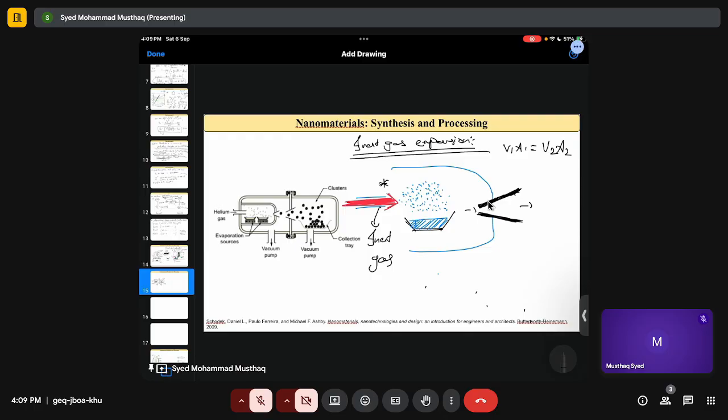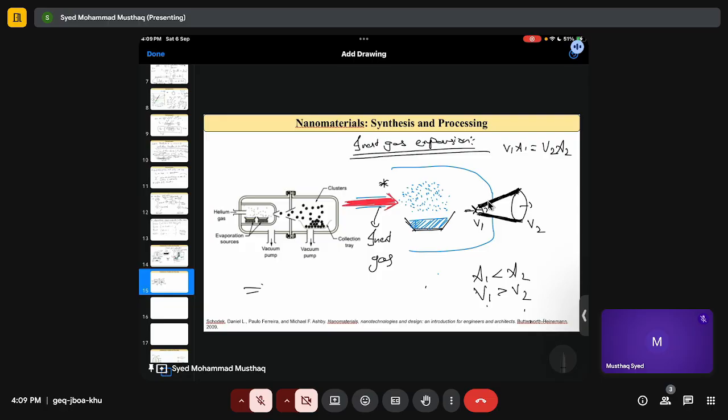Initially I have V1 A1, where A1 is less than A2, and that means V1 should be greater than V2. At first I have very high velocity and then very low velocity. So the volume entering here is compressed, but the volume here is very large. That means we are expanding the gas. Again, the same Joule's expansion.